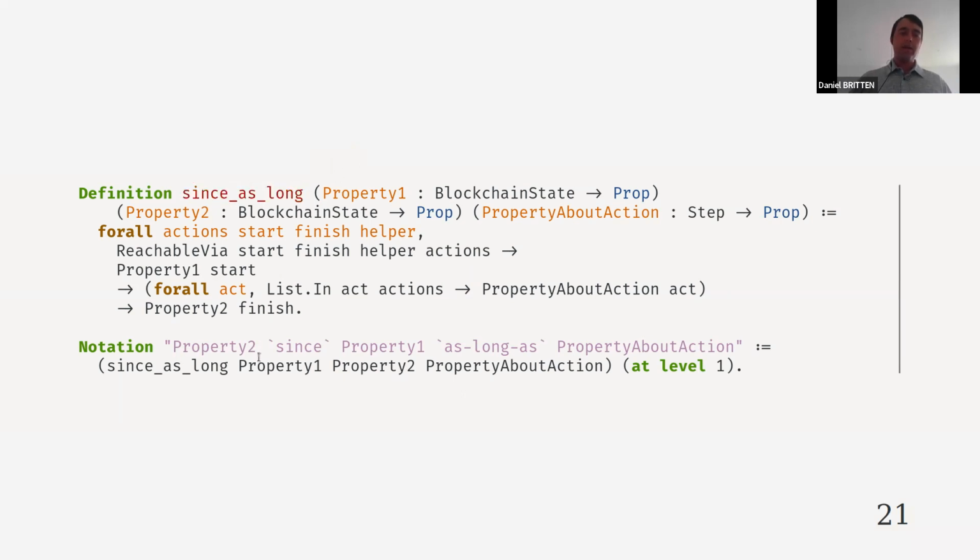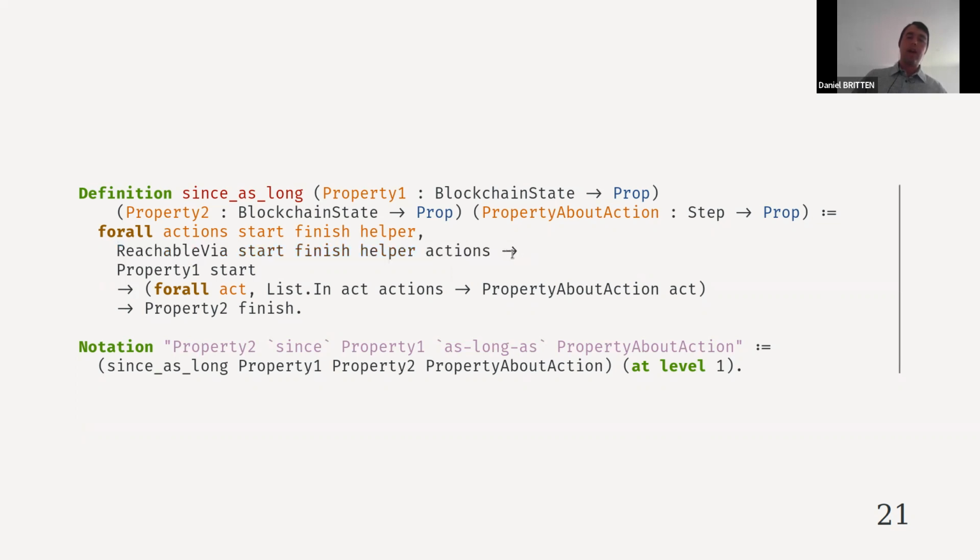The main things to grasp initially are a predicate that says reachable via. So we have a start state, a finish state, and some actions. Imagine you start at the start, and then you take the list of actions, and then you end up in finish. That's sort of what this guarantees.